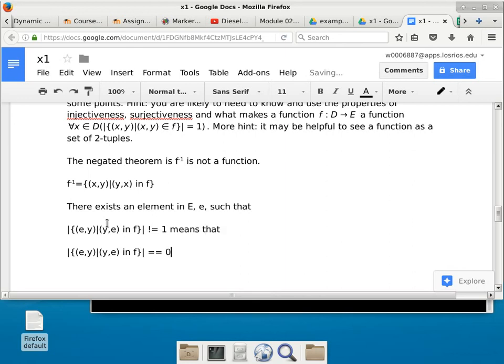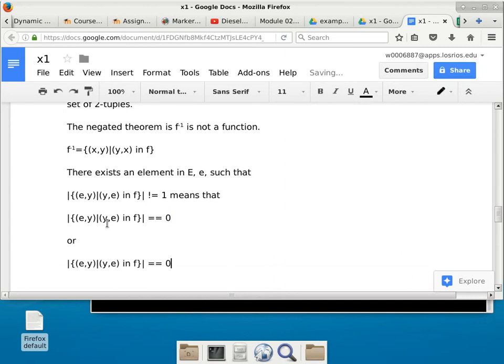It is either 0 or it is greater than 1. Does that make any sense? Not equal to 1 means it is less than or greater than 1. But since you cannot have a negative number as cardinality, the only thing that can be less than 1 is a 0. That's why I can lock down the 0 instead of saying it can be negative 1. No, it cannot be negative 1. Does that make any sense?